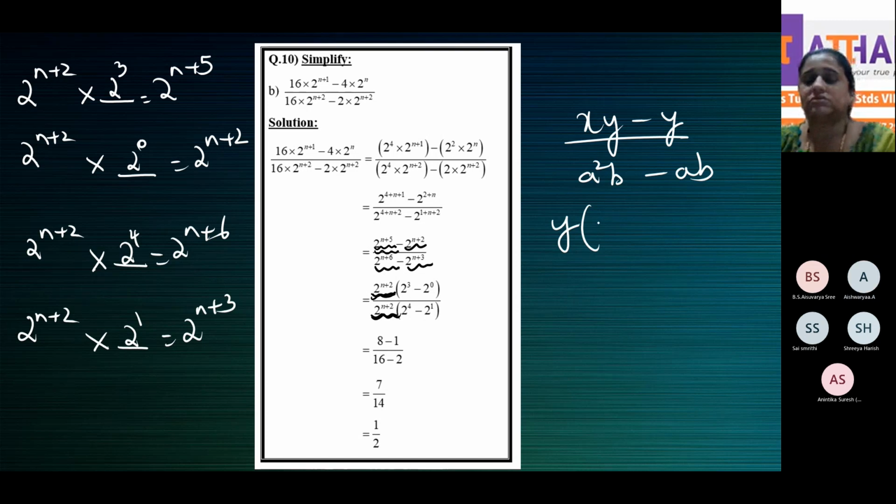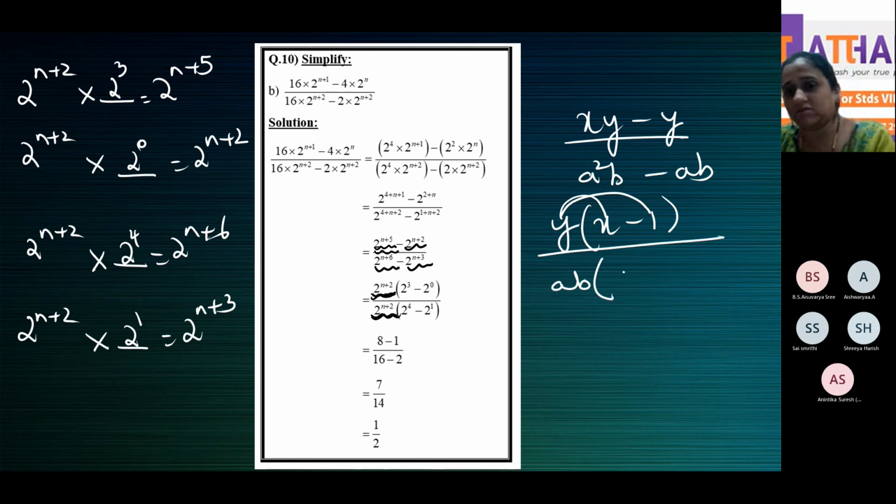X minus 1. Because x into y is xy and 1 into y is y, the second term.